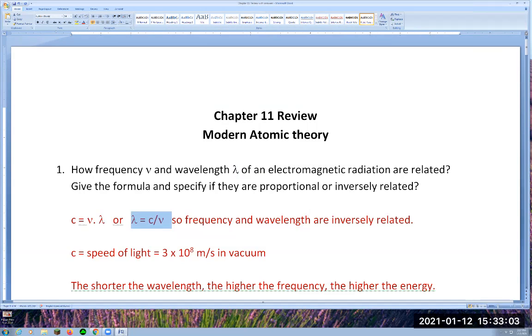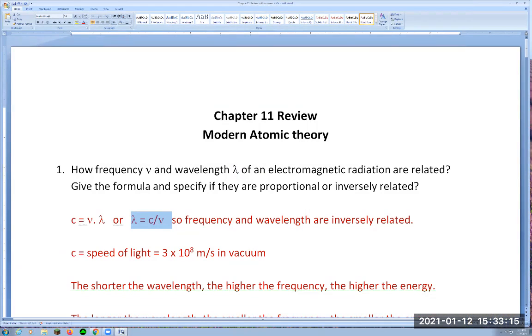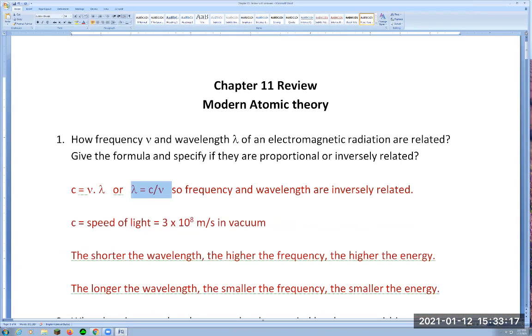And frequency goes in the same way as the energy of the light. So the shorter the wavelength, the higher the frequency and the higher the energy of a light. And inversely, the longer the wavelength, the smaller the frequency and the smaller the energy.